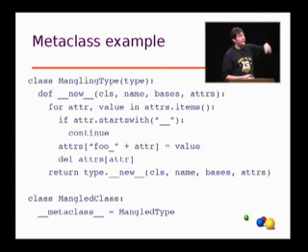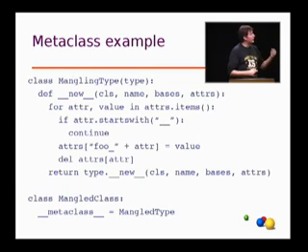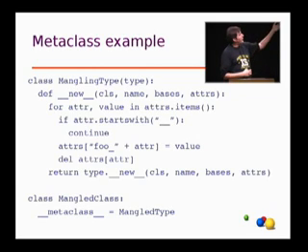We subclass type because it's convenient and I think it's necessary as well. You define a __new__, which is a static method as usual. I forgot to mention, you don't actually have to explicitly make __new__ a static method, but you can if you want to. The metaclass's __new__ gets passed the class that is actually ourselves, because it's a static method of ourselves, or a class method of ourselves.